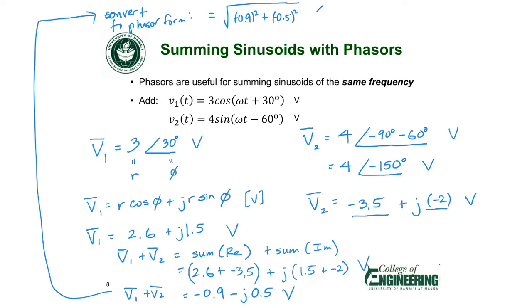And the angle part of the phasor is going to be the arctangent of the imaginary part over the real part. So if you do this math, this comes out to 1.03 with a phase angle of 29.1 degrees.